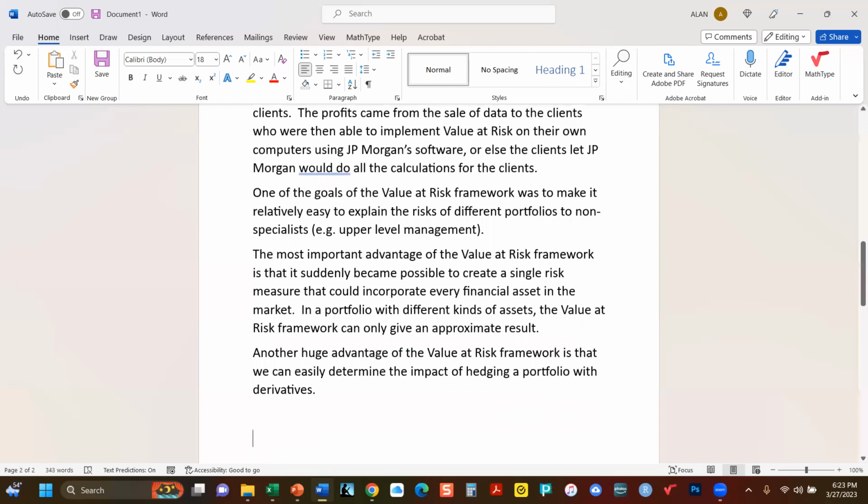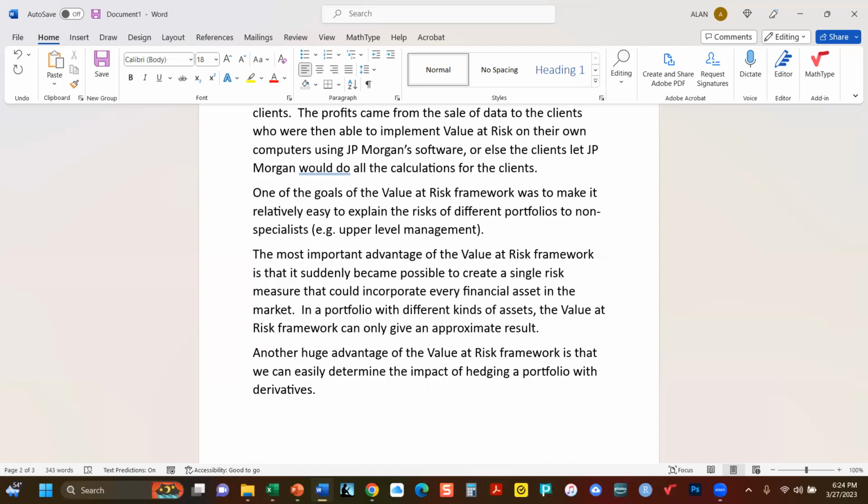So you can actually sit there and say, listen, what would happen to our portfolio's risk if we buy a call or a put or whatever the case may be? Because of the way it's structured, it's not difficult at all to do that. And that's awfully important, to be able to quickly and easily recalculate the risk of a portfolio by adding some derivatives to it and seeing what the impact is.